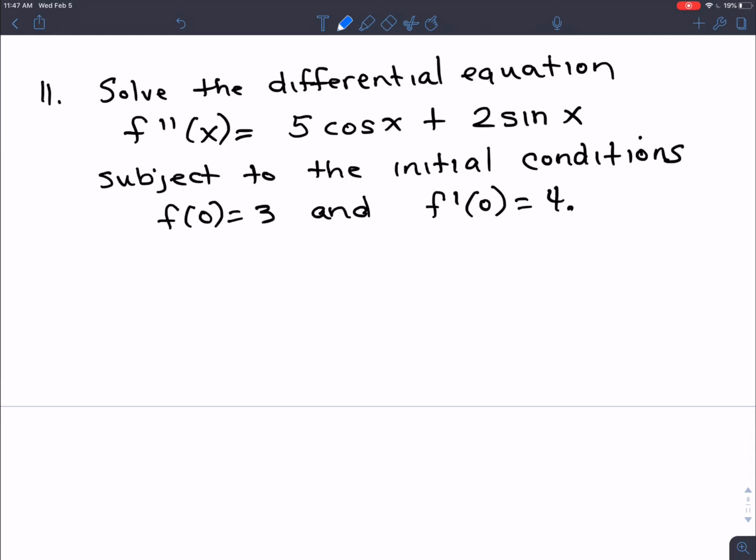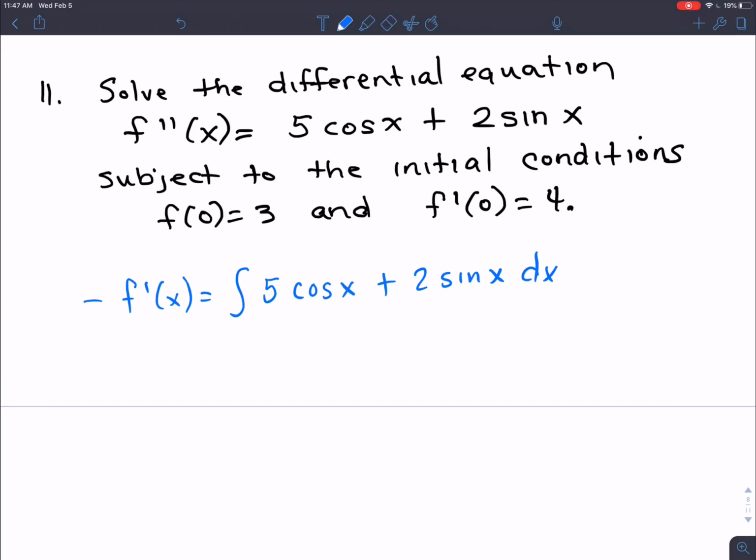Now, if they give me the second derivative, then my first derivative can be found by taking the antiderivative of that, or evaluating the indefinite integral of the second derivative. So if they give you the second derivative, the way you get the first derivative is to take the integral of that. So integrate it.